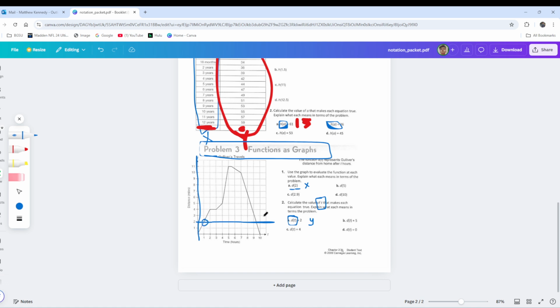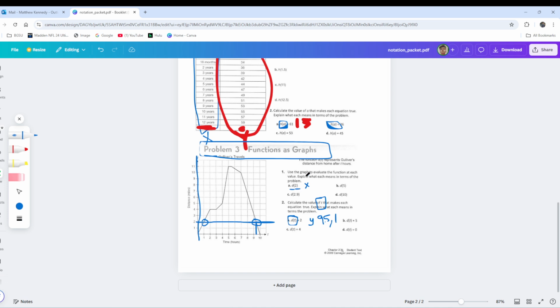There and there. So I see it is 1 and it is around 9.5. I would then write 9.5, comma, I have 2 answers, 1.